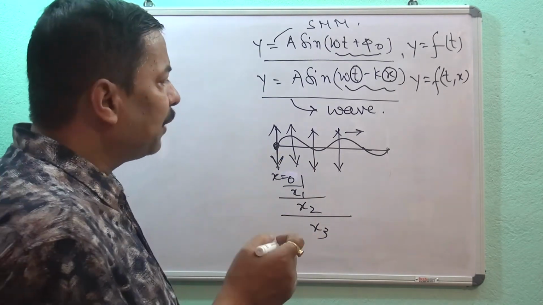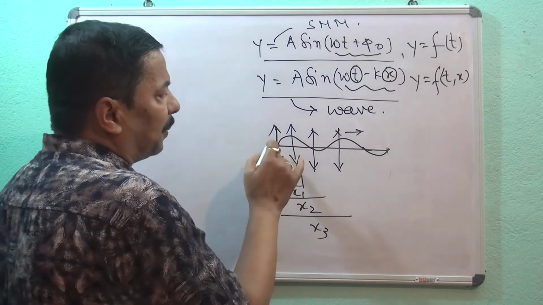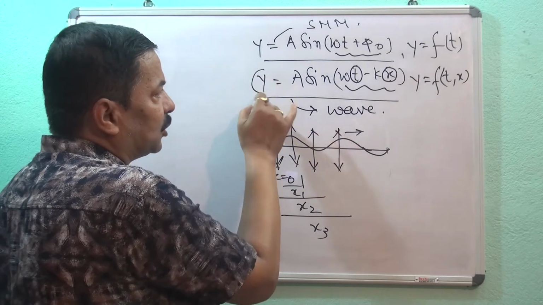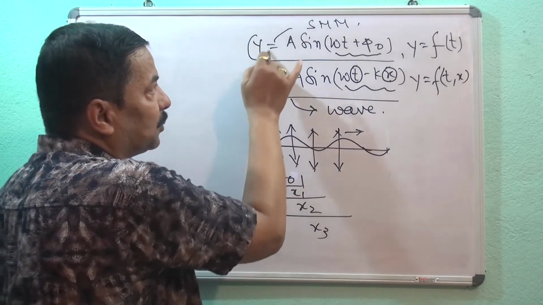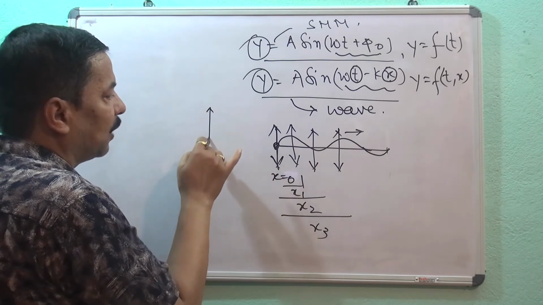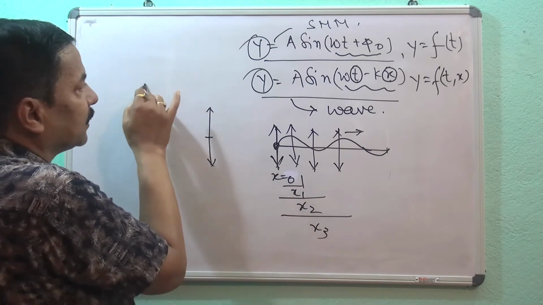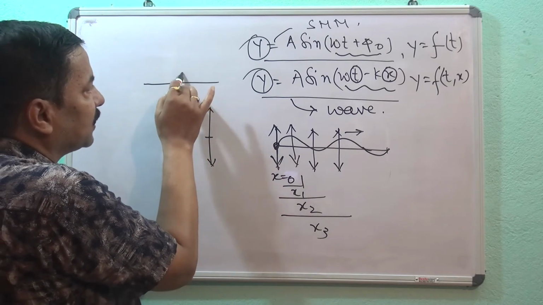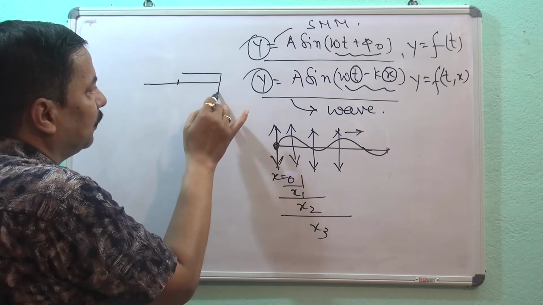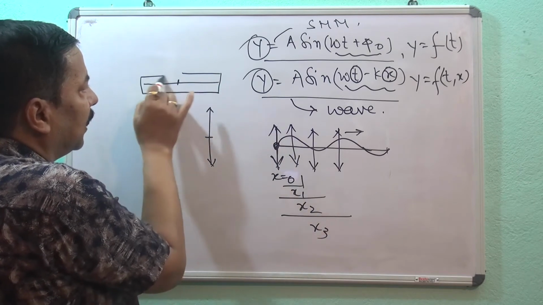So there are two factors for the displacement of a particle. This is the displacement of a single particle along the y-axis, and in SHM we have read about the x-axis, that the particle started from here, went here and then again here.